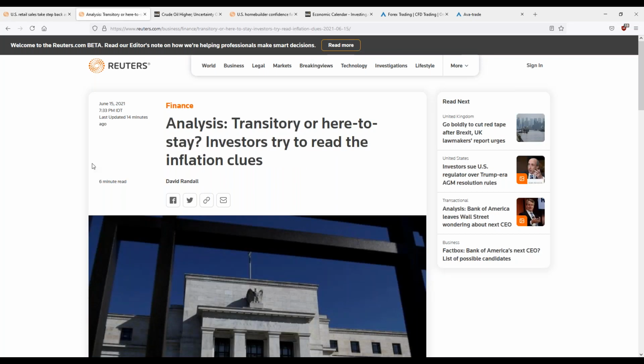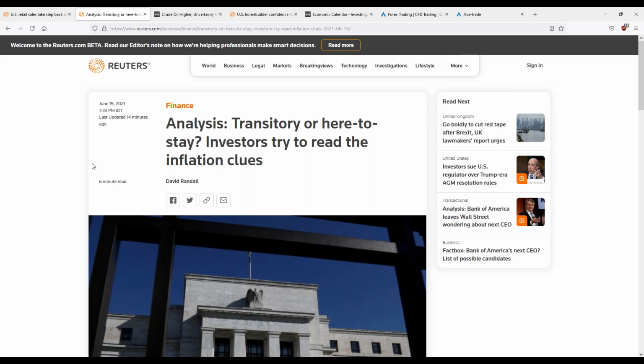Another headline: transitory or here to stay. They're talking about inflation. Some of the members of the FOMC committee, the leaders who make monetary policy decisions, have said they expect the inflation that's occurring in the U.S., which has been greater than expected, to be transitory, meaning it's not going to last.